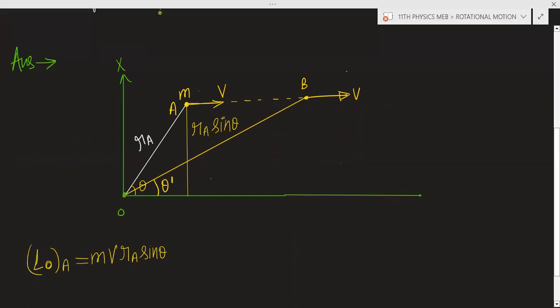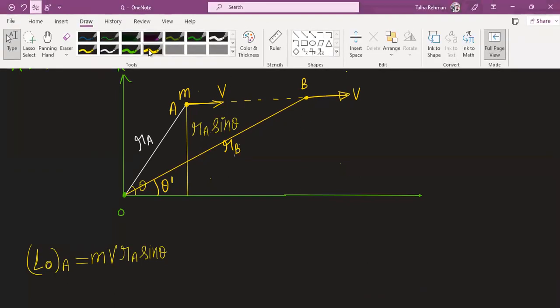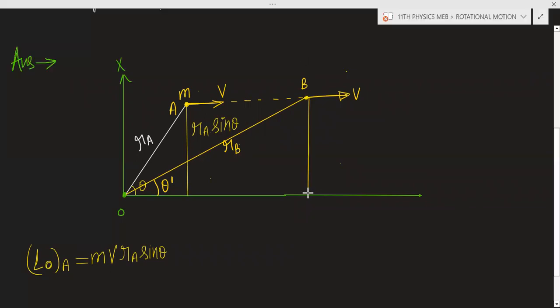For calculating the angular momentum, say this distance is RB. This distance is RA sine theta, and this distance is RB. You take this component of RB, which will be RB sine theta dash.